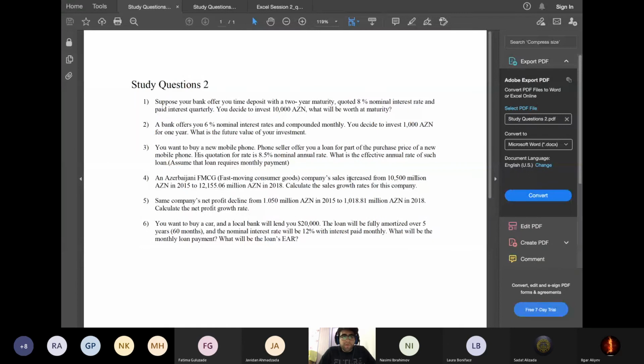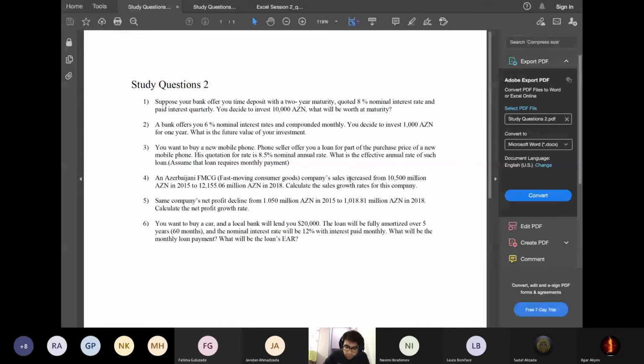Second question, a bank offers you 6% nominal interest rate compounded monthly. You decide to invest 1000 AZN for 1 year, what's the future value of the investment? Rate is 6%, but this is annual rate, so we divide it by 12.